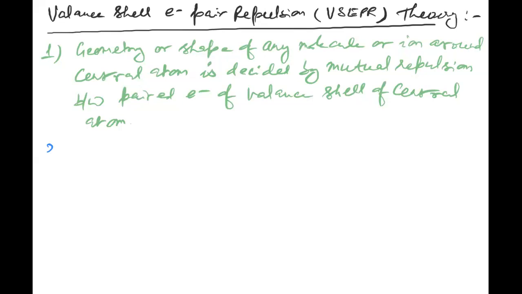And obviously, in the most stable geometry, the repulsion between bond pairs, lone pairs, or paired electrons should be minimum.